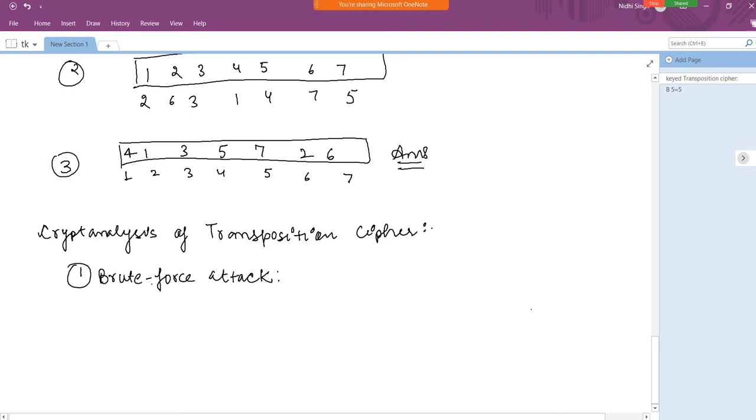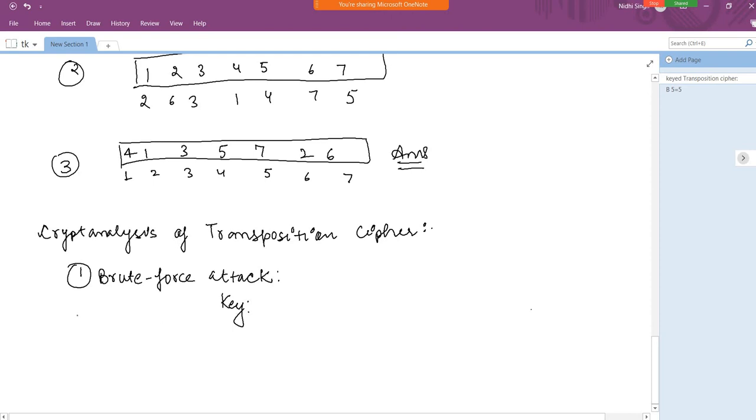For the keyed transposition cipher, the same scenario is applicable, because you have to use one key in order to permute the columns, or you can say in order to permute the plain text bit positions when you have generated multiple blocks. So what will be the corresponding key size domain?